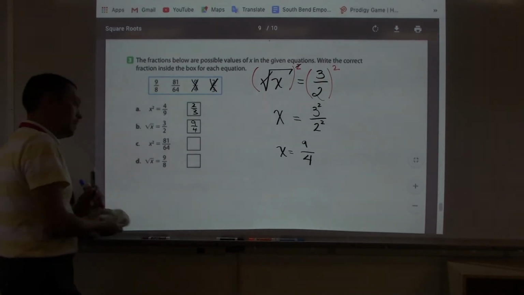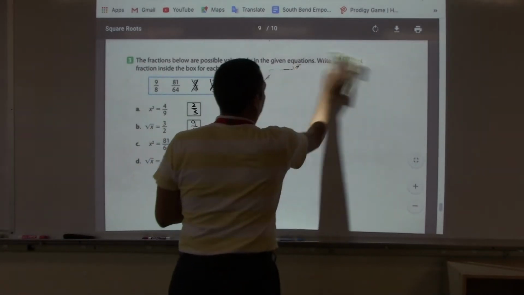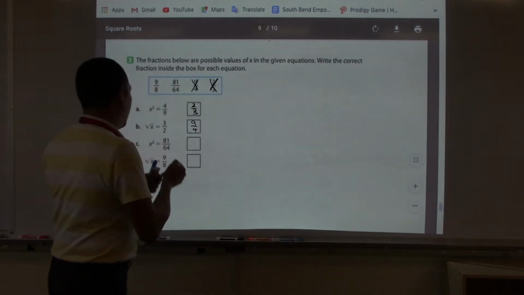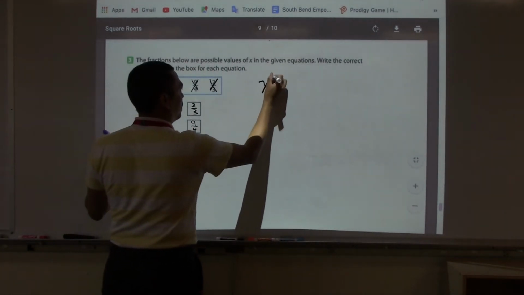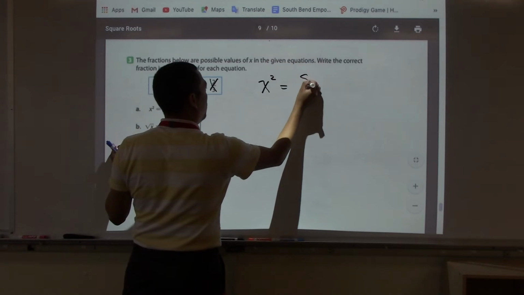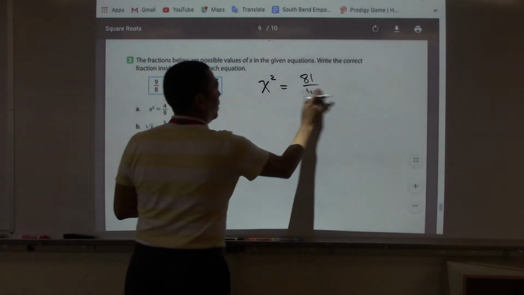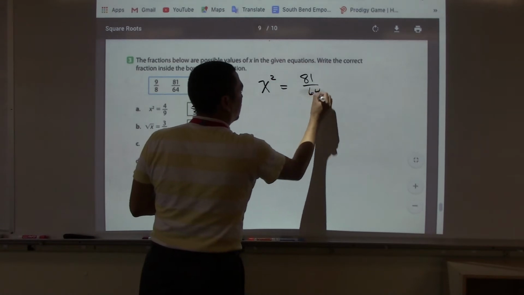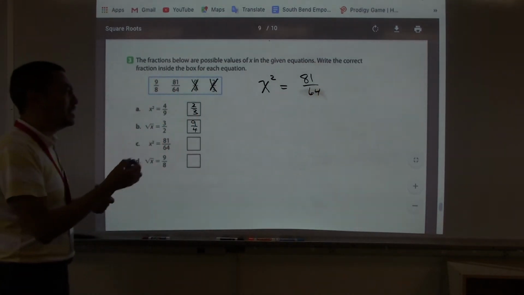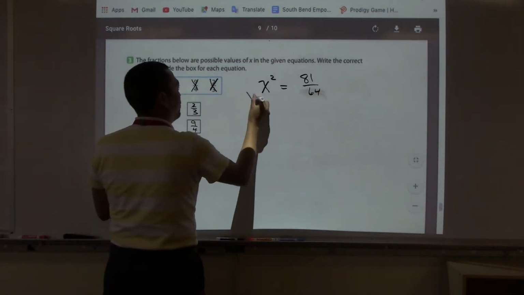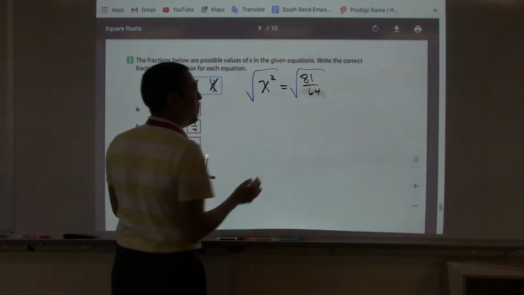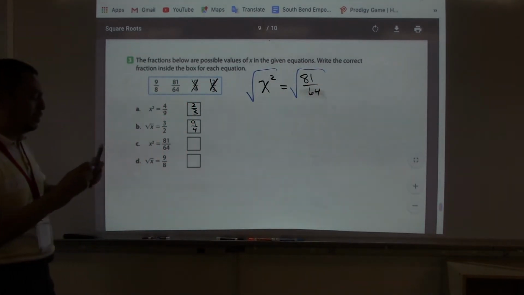C. I have x squared equals 81 over 64. Same situation. If you have x squared, you calculate the square root, positive, because they are only giving me positive numbers.